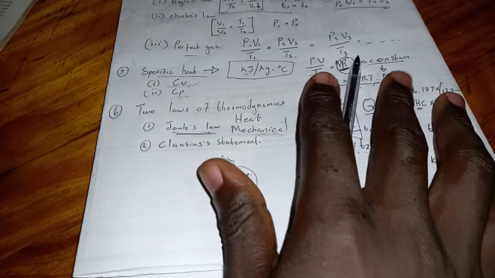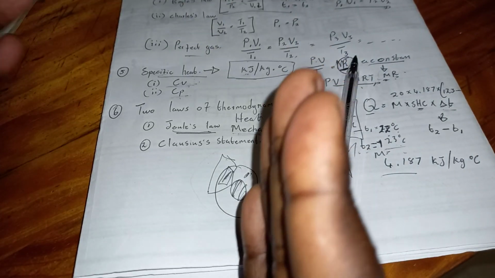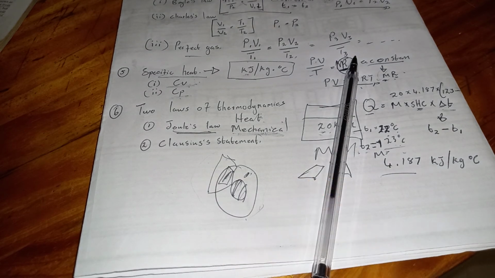It's like even if you are rubbing your hands together, the friction between your hands will produce heat energy. So when you are rubbing your hands, it's mechanical energy, then this mechanical energy is convertible into heat energy.